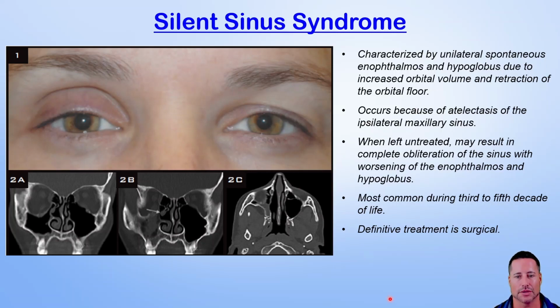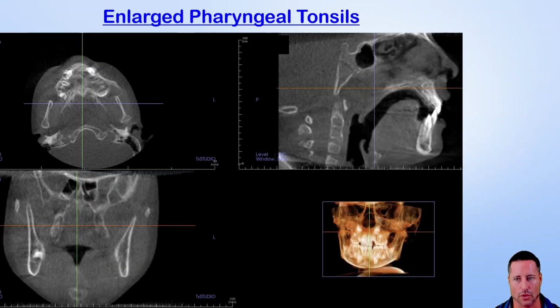Typically, again, it occurs unilaterally. When you leave it untreated, it may result in complete obliteration of the sinus and worsening of the symptoms, and it's most common during the 3rd to 5th decade of life. So you're not going to see this often. I have not ever seen it personally in any of my patients, but I just want you to be aware of it so that if you do invest in this technology, you can be aware of what you're looking for.